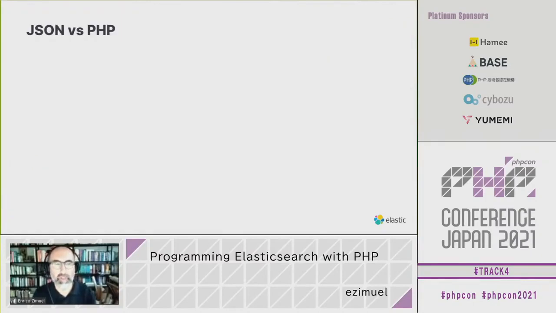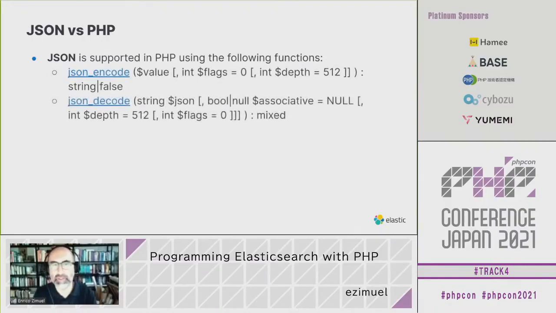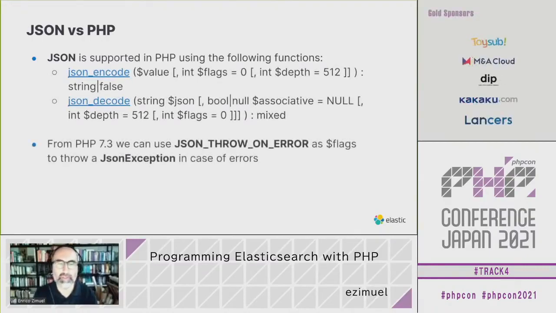As I mentioned, Elasticsearch uses JSON. The majority of HTTP connections nowadays use JSON. And JSON, of course, is supported by PHP using 2 main functions, json_encode and json_decode. Starting from PHP 7.3, there is also the possibility to throw exceptions using JSON.